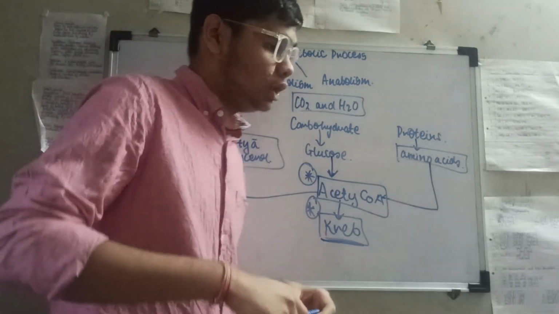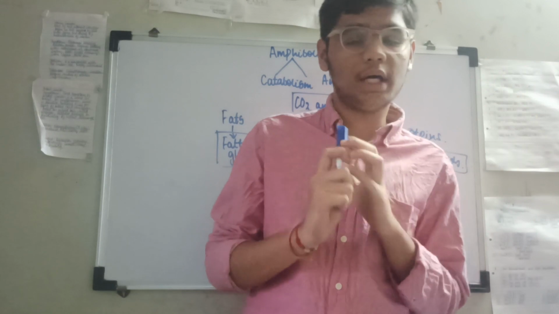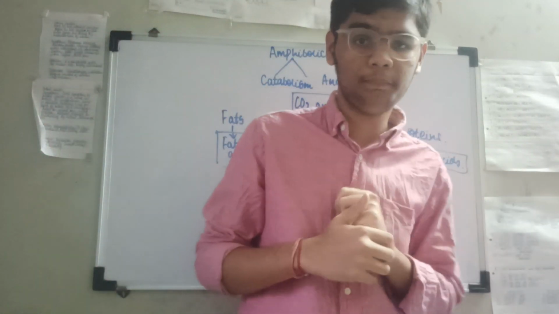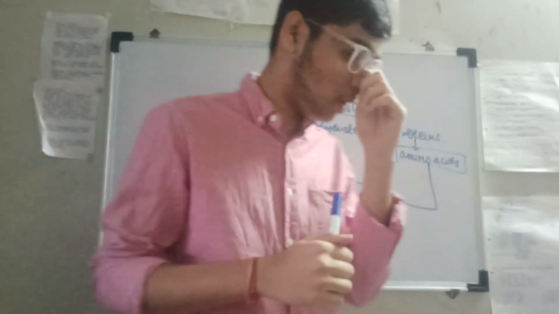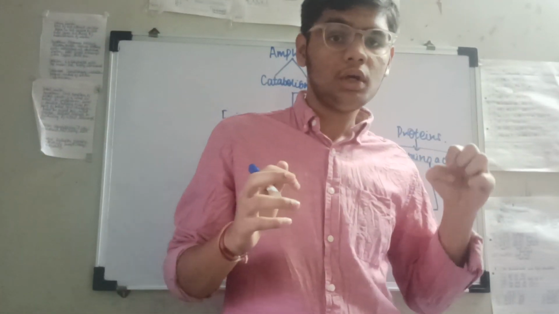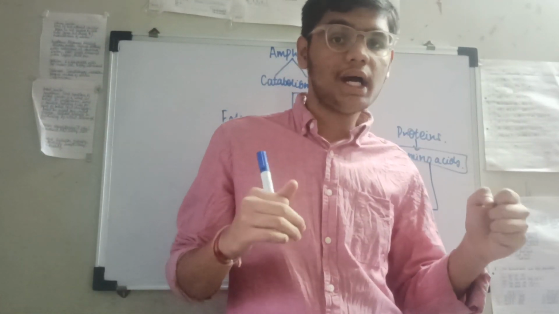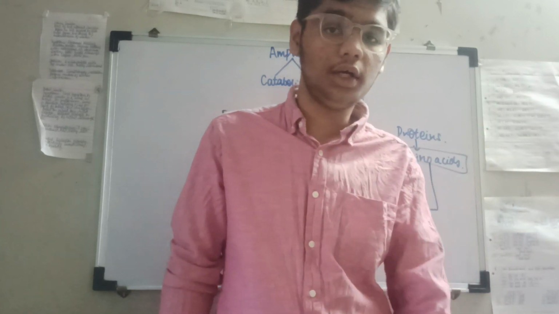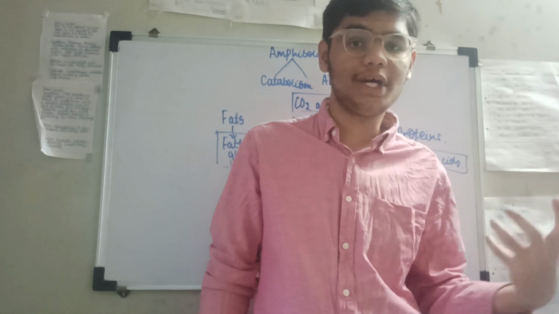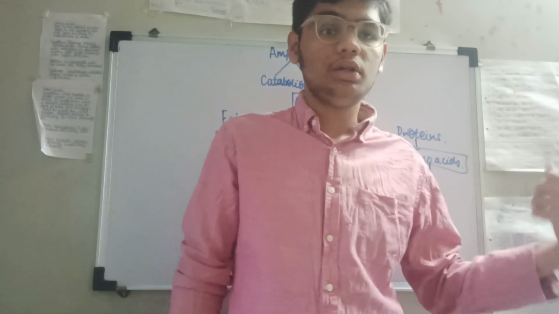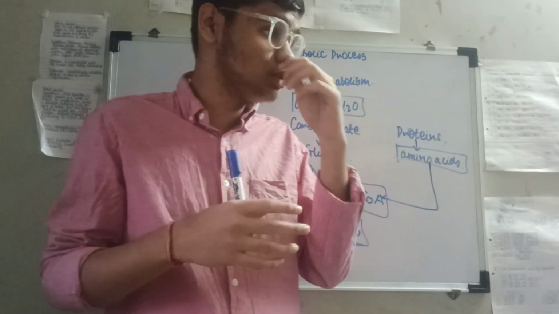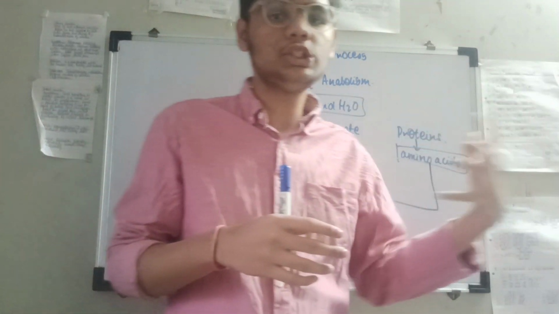We have studied the Krebs cycle in detail. In the Krebs cycle, many intermediates were formed. The intermediates like alpha ketoglutarate or oxalosuccinate are a main precursor for synthesis of many other substances also.